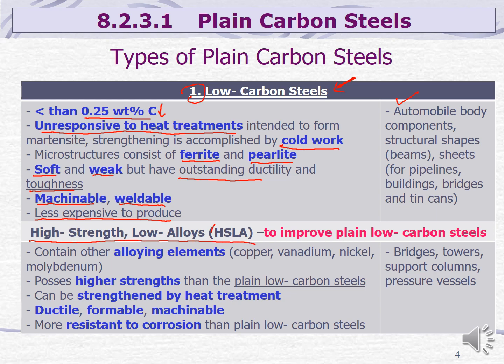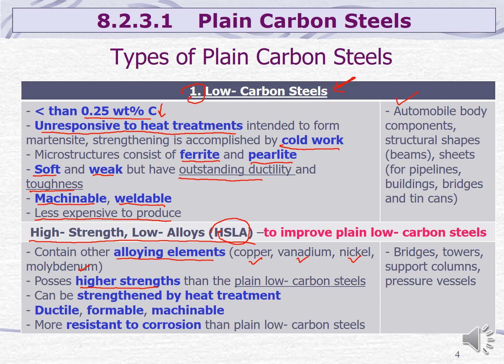The short form is HSLA. It contains other alloying elements such as copper, vanadium, nickel, and molybdenum. This alloy possesses higher strength than the plain low carbon steel.